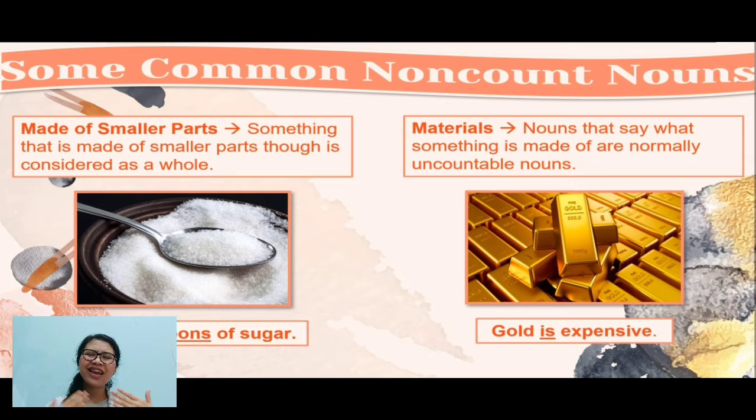But it means you are counting the bars of gold. You're not counting the gold itself. And then, gold is expensive. Notice how we use a singular verb because gold is an uncountable noun.